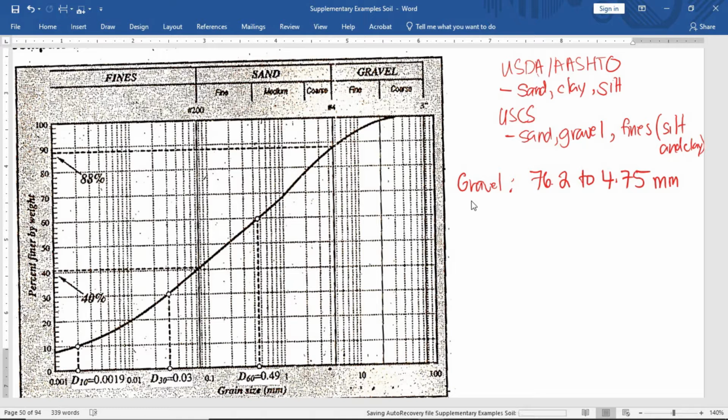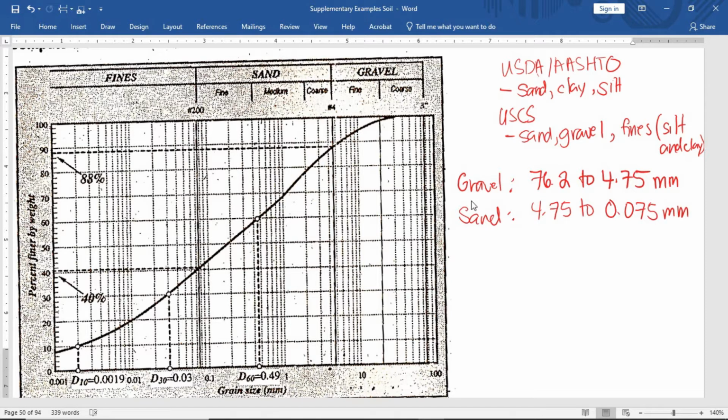Pag sinabi namang sand, ito ay from 4.75 to 0.075 mm.